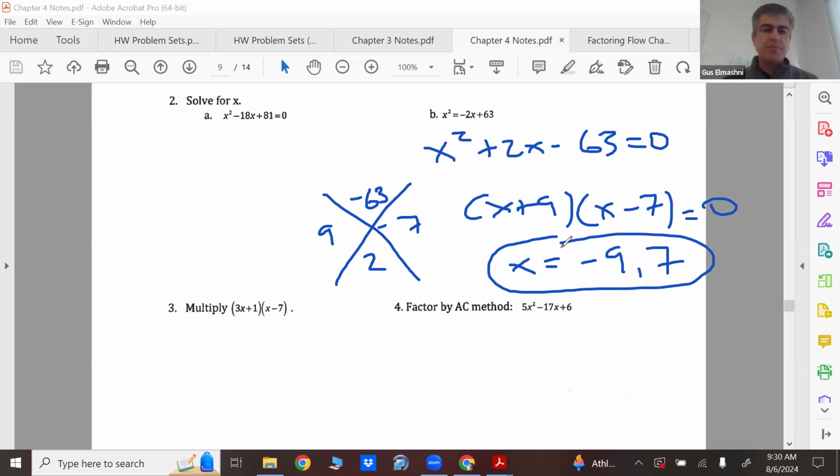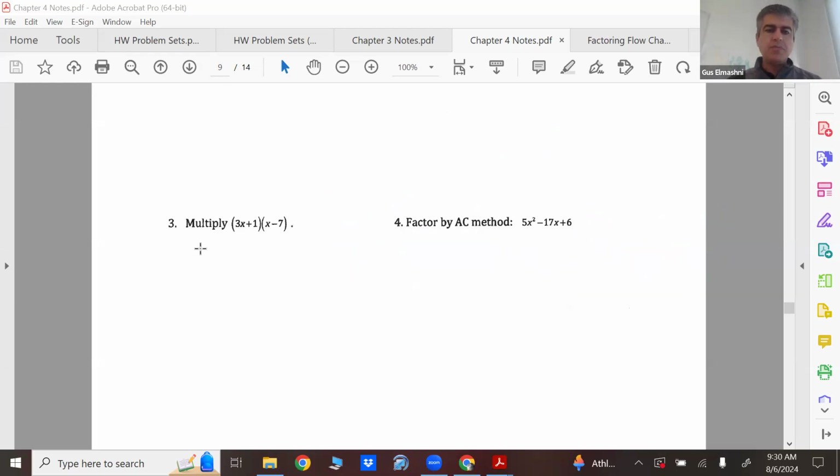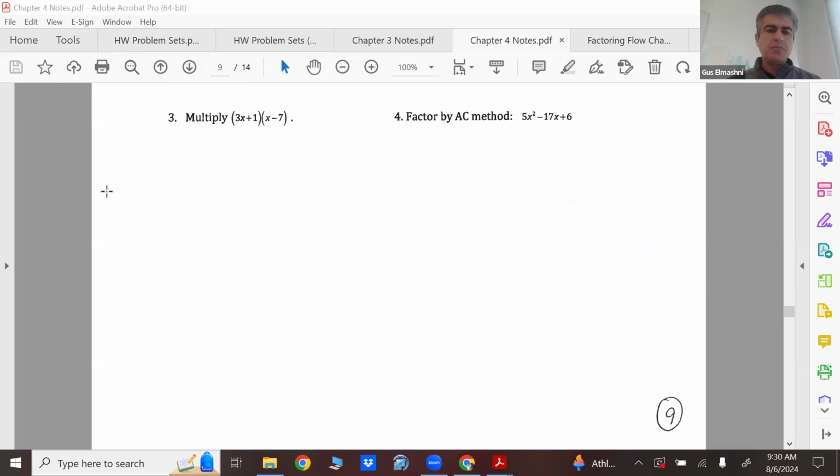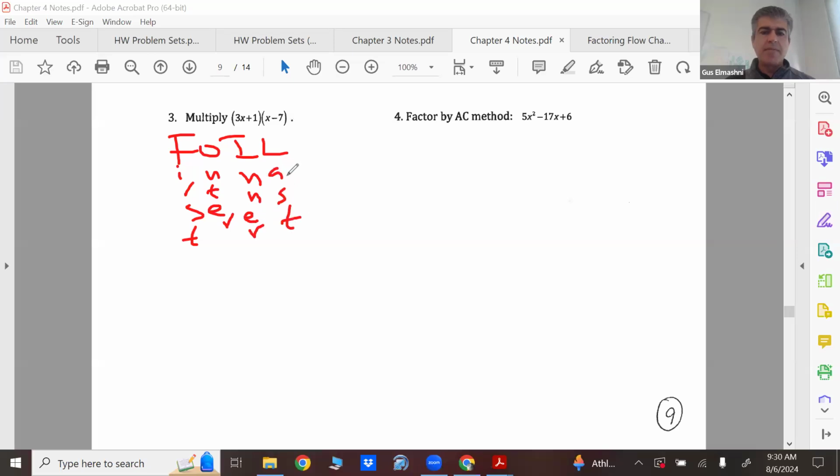All right. That's easy. It's called FOIL. FOIL means first, outer, inner, last. So you get 3x squared, -21x, positive x, and -7.